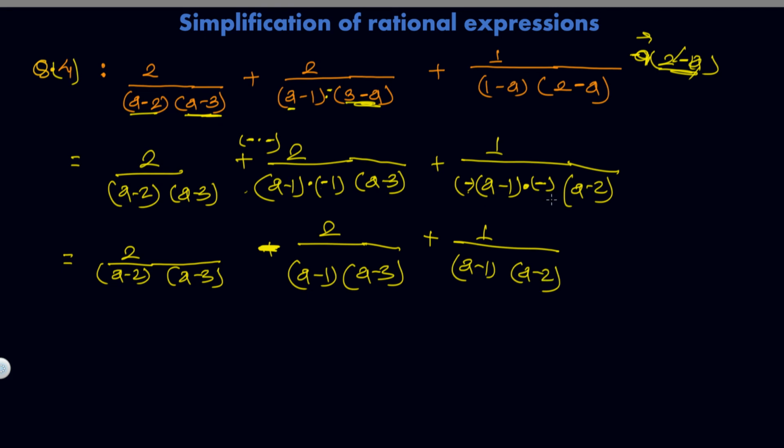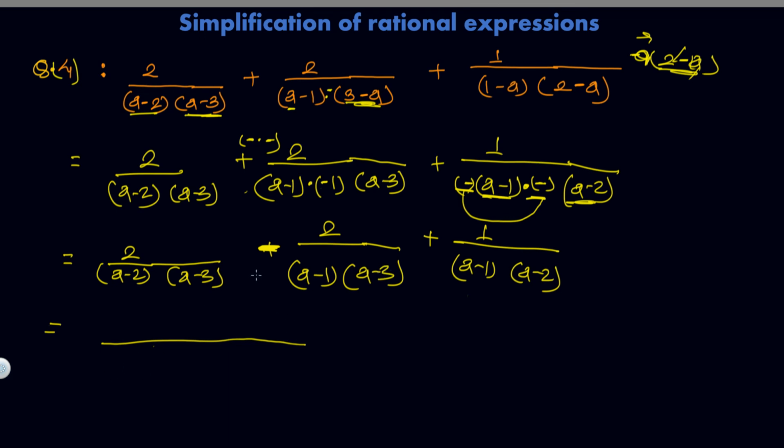I hope you got this part, because let me make it clear one more time: this negative times negative would be positive, whereas I have a minus 1, a minus 2 in multiple form, so I write it as it is. Now you can take the LCM of all, or let me do the first 2 terms first.